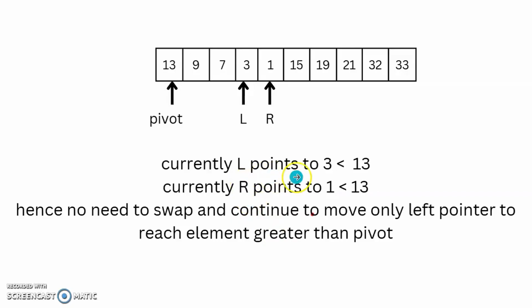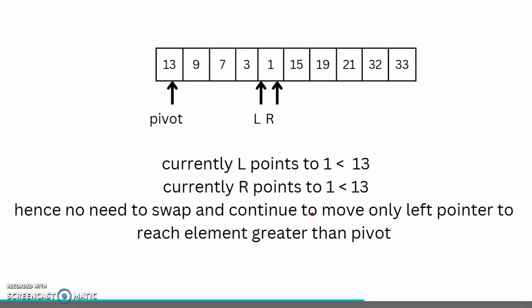Now L points to 3, which is lesser than 13, and R points to 1, less than 13. As we have discussed already, on the left we are looking for a value greater than pivot, but the current value is less than pivot. On the right side, it is pointing to a value which is less than pivot value 13. So no need to swap, and continue to move only the left pointer to reach the element greater than pivot. So we move the left pointer one step further.